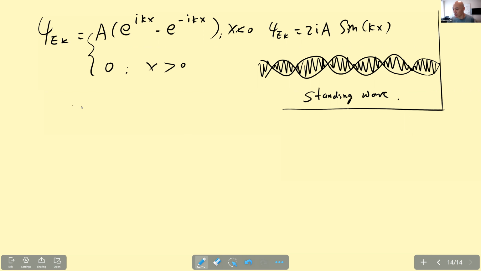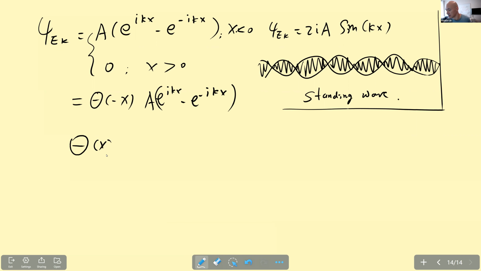So you can write it as, if you want a more concise formalism, theta of minus x times e to the ikx minus e to the minus ikx. And this theta function is some function like this one. This is 0, this is 1, this is x equal to 0. This is called a Heaviside step function.